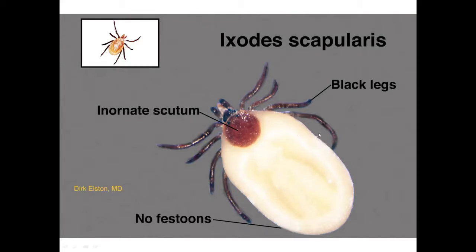Ixodes ticks, we have a lot of them in the south. No festoons, right? So no festoons on the base. Inornate brown scutum.